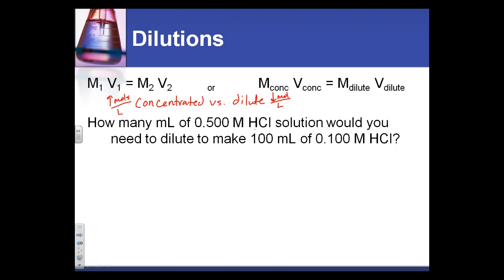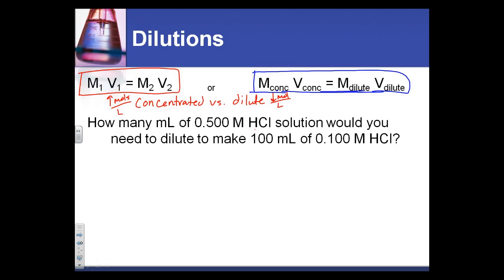The formula given to you on your reference tables is M1V1 equals M2V2. I like to think of them more like this: McVc equals MdVd.